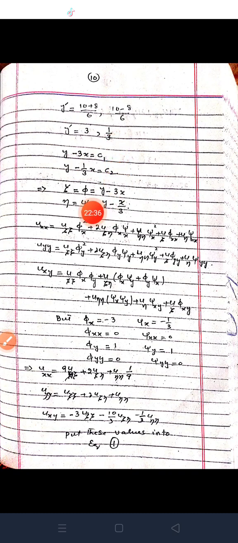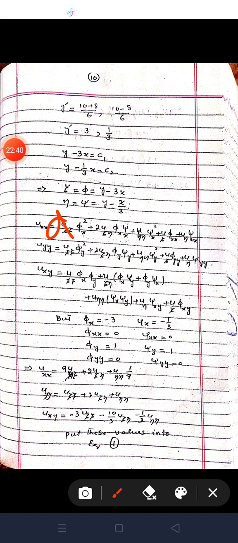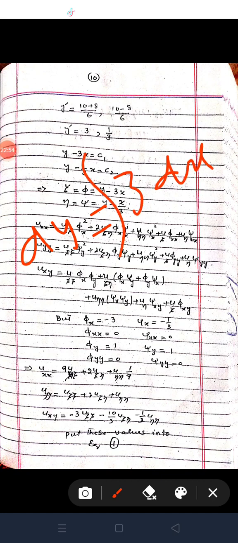So for y prime equal to 3, y prime means dy over dx is equal to 3. This implies that dy is equal to 3 dx. Now taking the integral on both sides, y is equal to 3x plus constant c1.